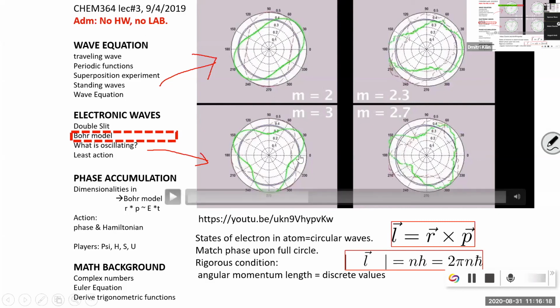And if one wants to be a little bit more detailed and rigorous, then the thing that needs to take discrete values is the so-called angular momentum.